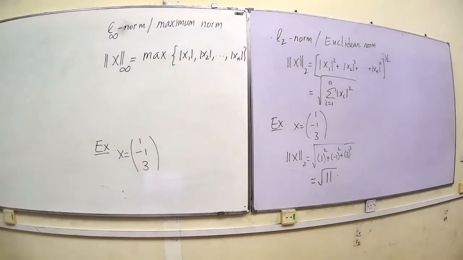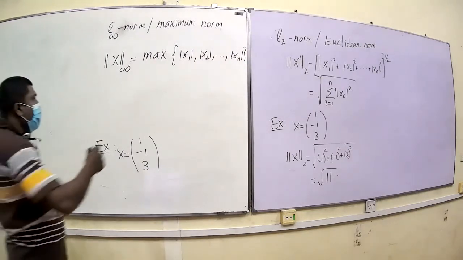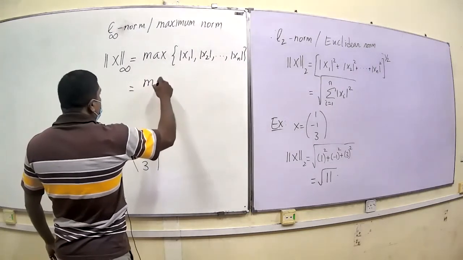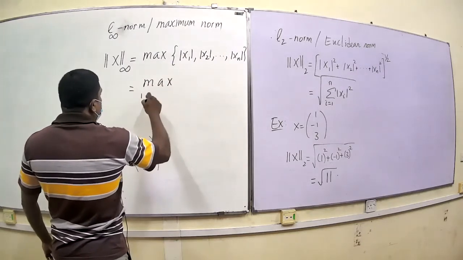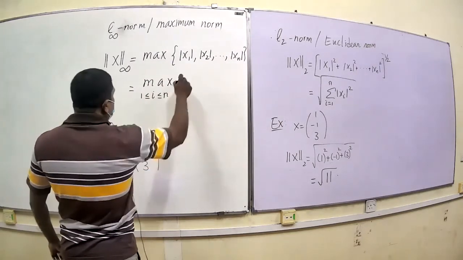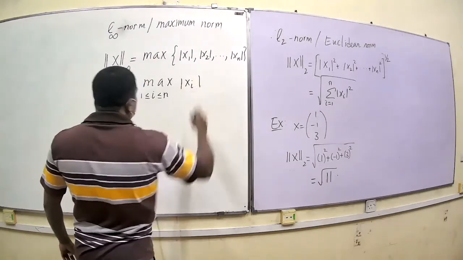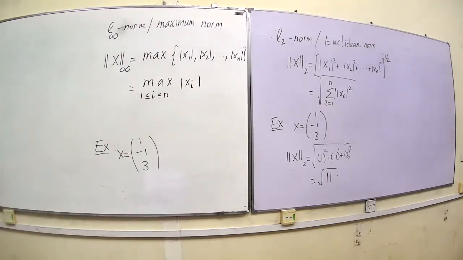Right, so we will take the maximum among these values. Or in a way, this is the maximum over 1 less than or equal to i less than or equal to n of the absolute value of xi.